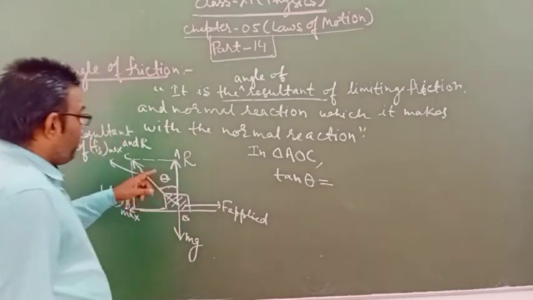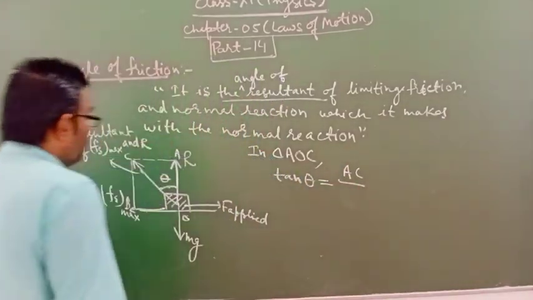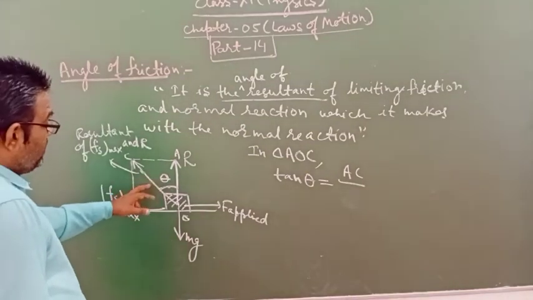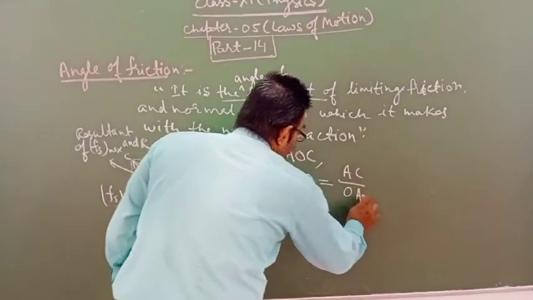The perpendicular is AC, this is the hypotenuse and OA is the base.